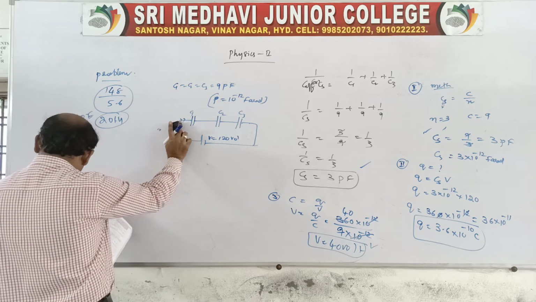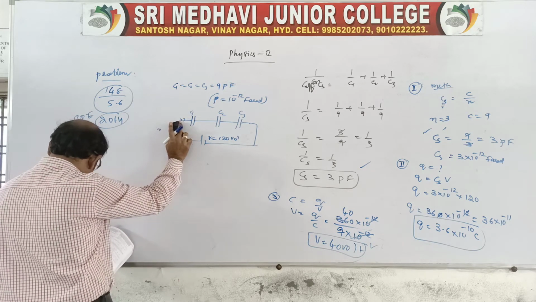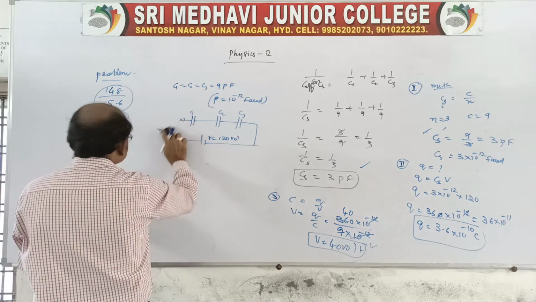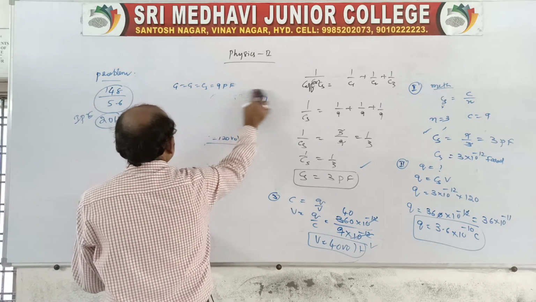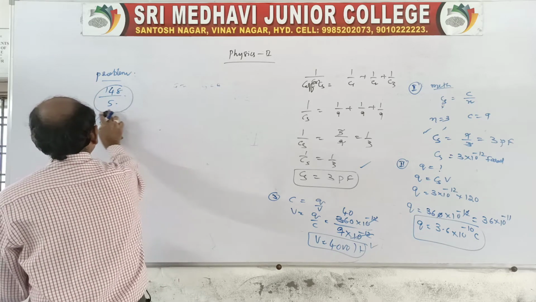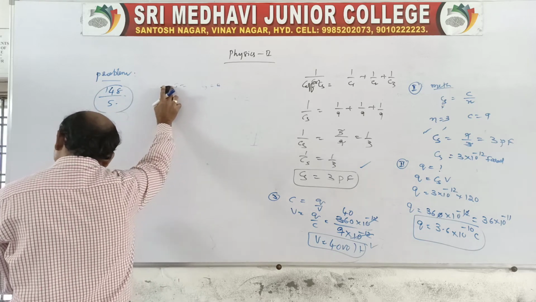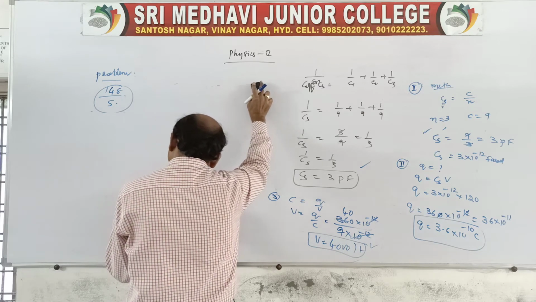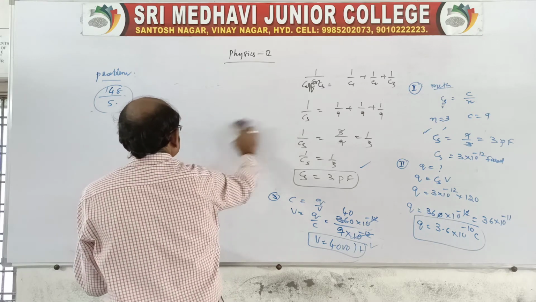Now go for the next question, on the same page, 5.7. Everyone read question 5.7 and write the given data. It was also asked in the years 2017 and 2018 and in the previous question.